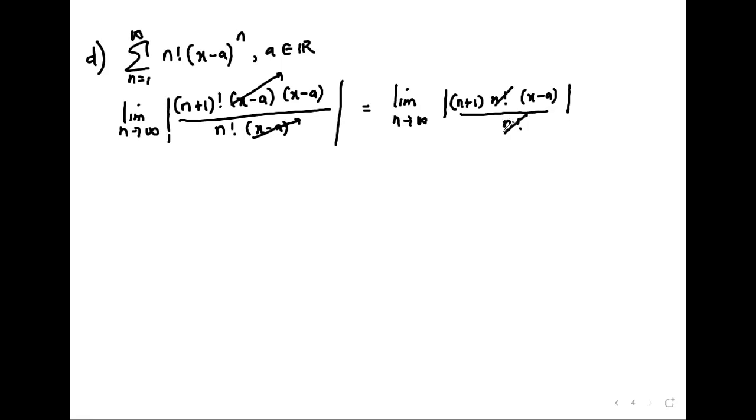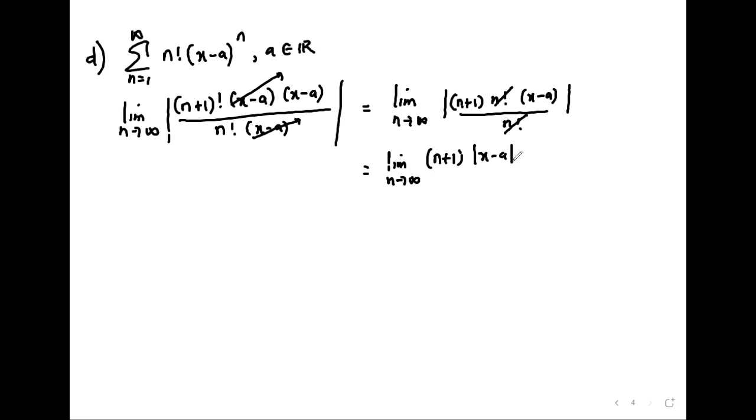So this and that go. So what do we get? We get the limit as n goes to infinity of n plus 1 times the absolute value of x minus a. Now when you take the limit, it comes out to be infinite. So we have to be careful, okay? The limit comes out to be infinite.